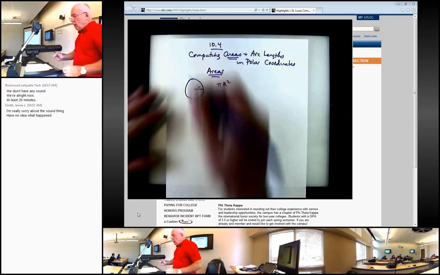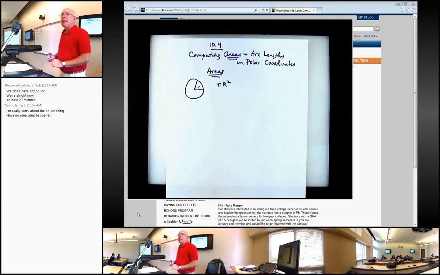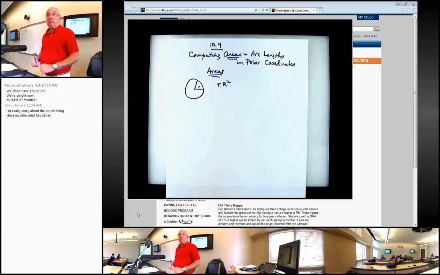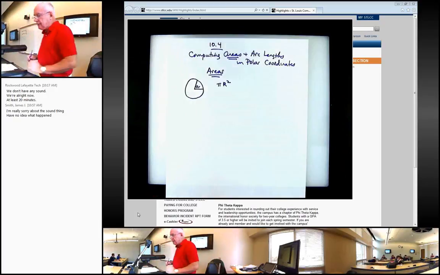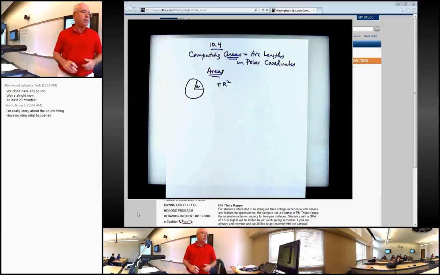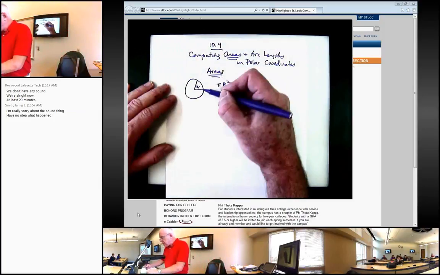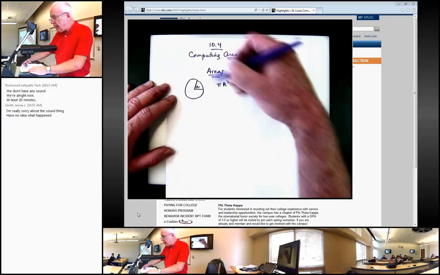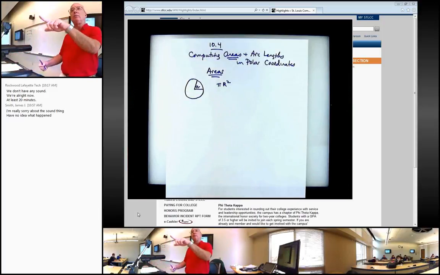Now, what if we just want to take a piece of this circle and get the area? Let's say a piece that has an angle, that's called the central angle of theta, for instance. Now, what's the angle that we have if we go all the way around the circle? What's that whole angle going to be?